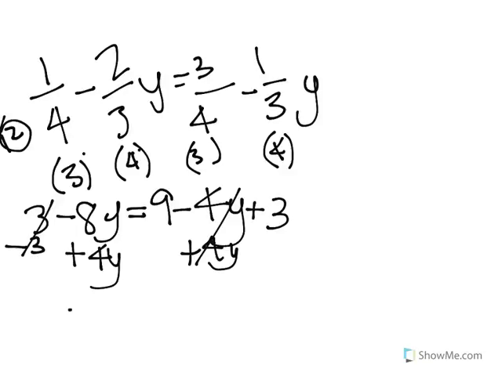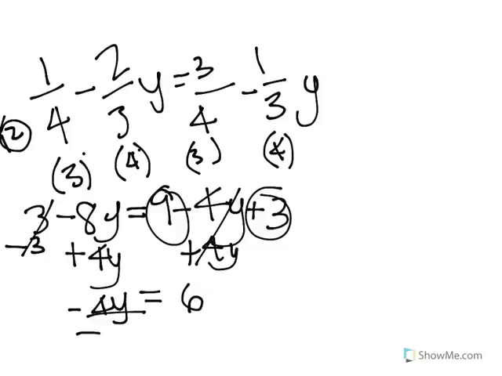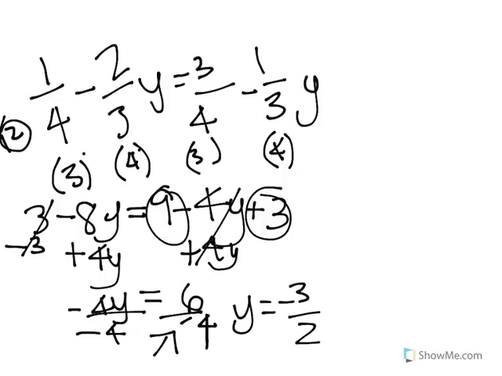And that will leave us with... combine like terms. Okay, so we further want to isolate the y, so we're going to divide by -4. And now we're going to get y equals -3 over 2 once we reduce this fraction, okay?